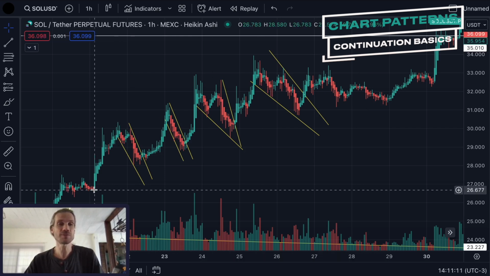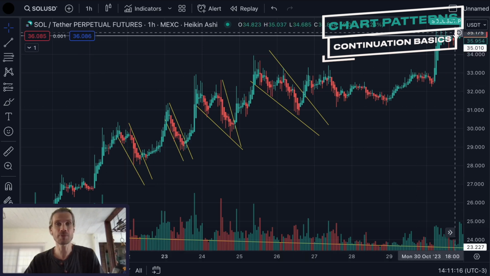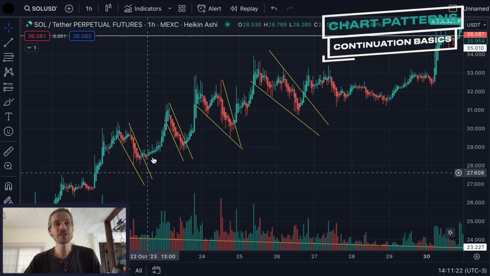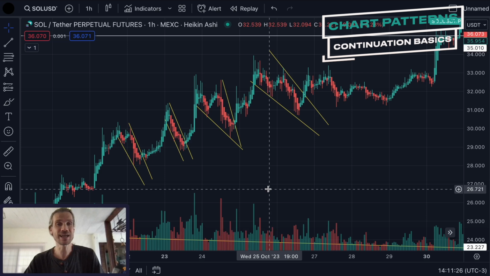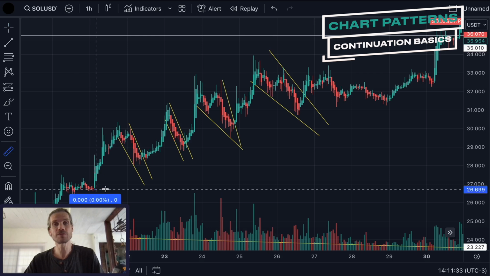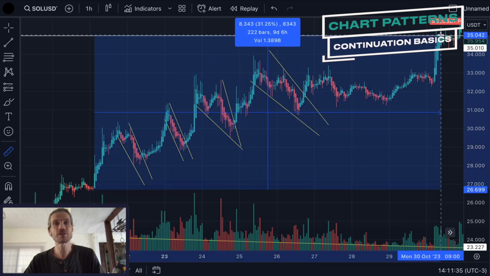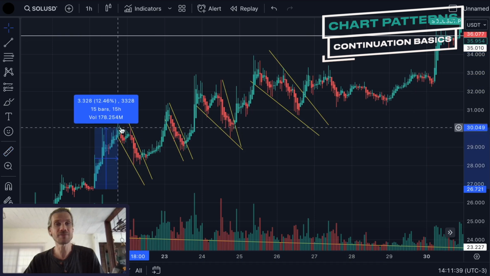So if I was to simply buy here and hold this token until it reaches the top, that's fine, I will have those profits. But at any of these pullbacks, the price action could roll over and erase any gains which I've made, whilst also minimizing the profits I can get, because the price movement from here to here is 31%, but the price action from here to here is 12.